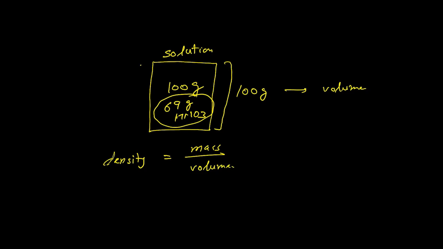So volume equals mass over density, that is 100 divided by 1.41.